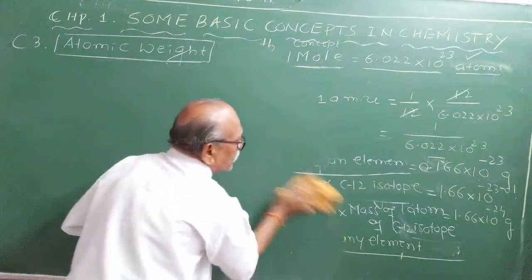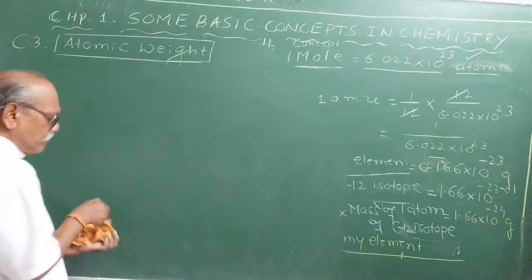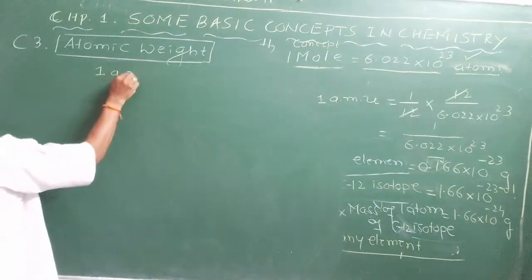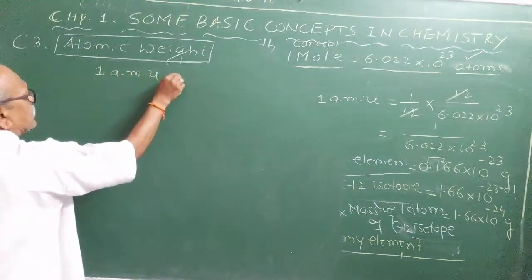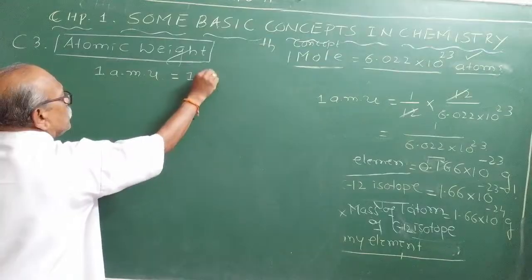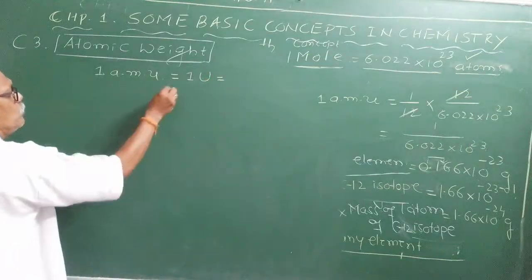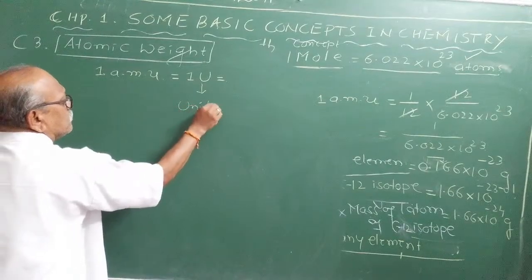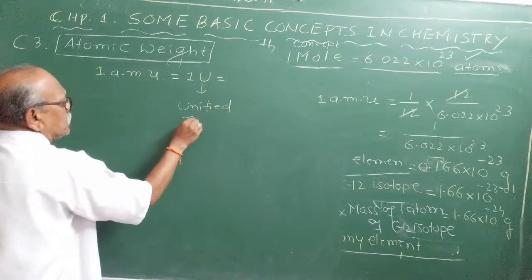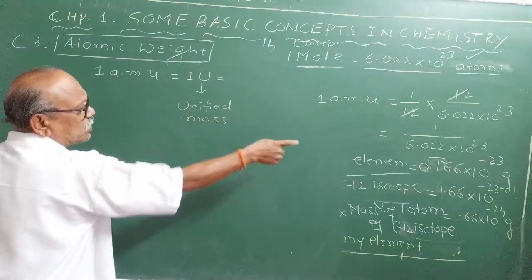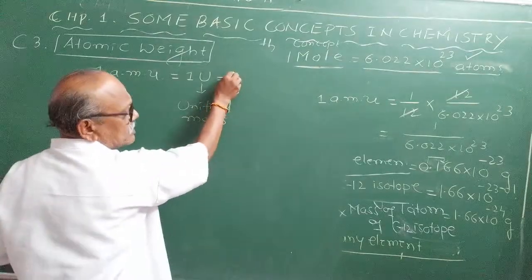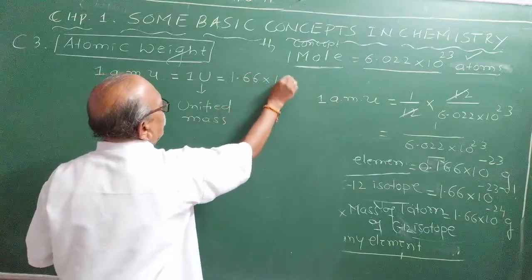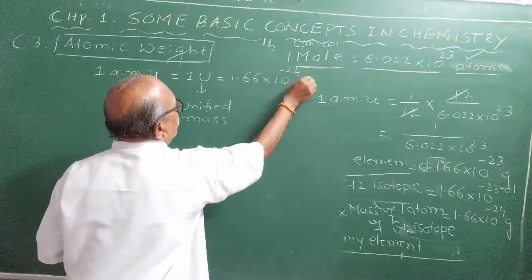Okay, so we'll remember this one as 1 atomic mass unit. Nowadays SI suggests this as 1 U, meaning unified mass. U stands for unified mass. You can note down the facts. Just now we calculated that the value in grams is approximately 1.66 into 10⁻24 grams.